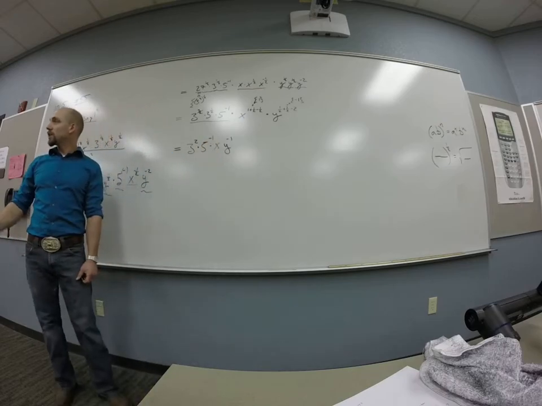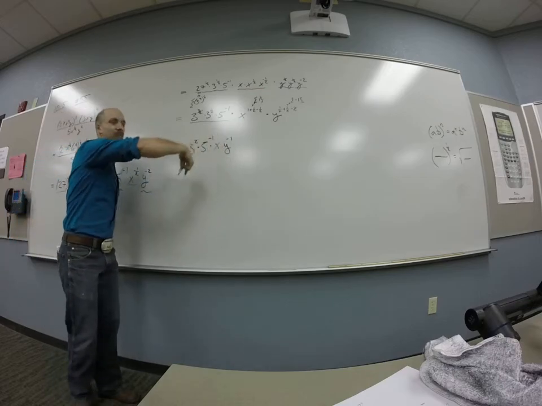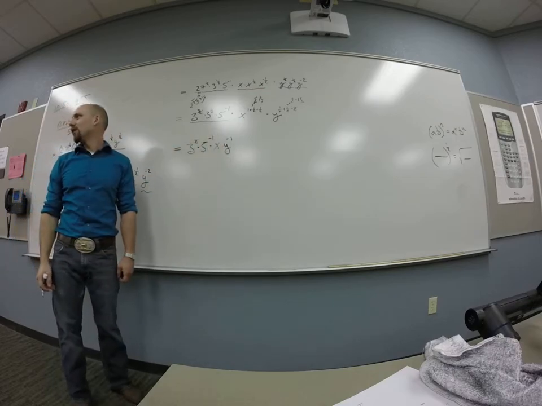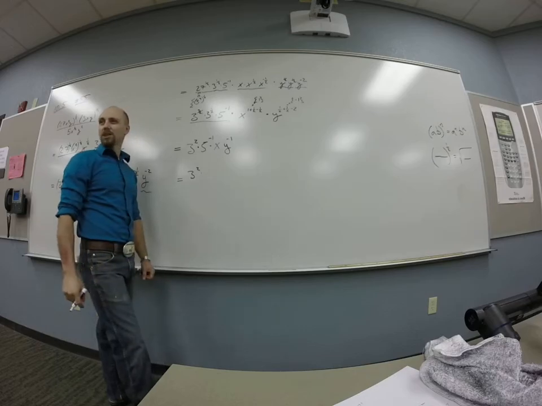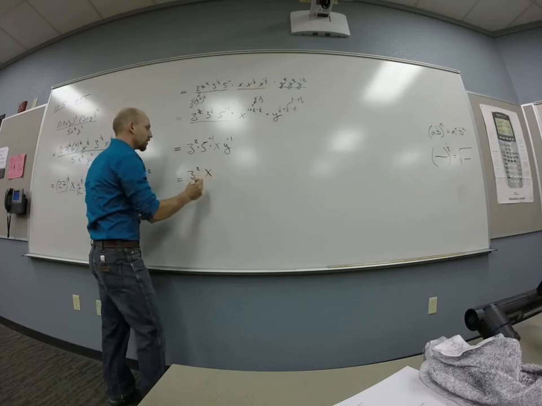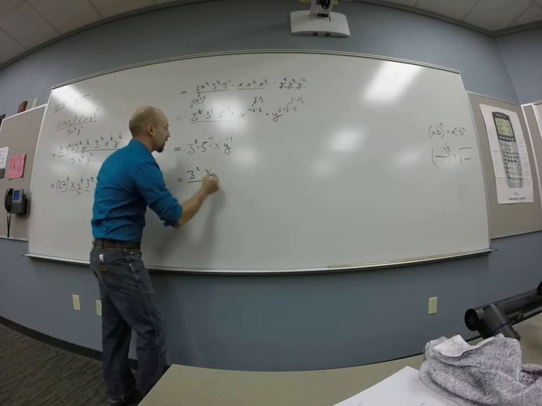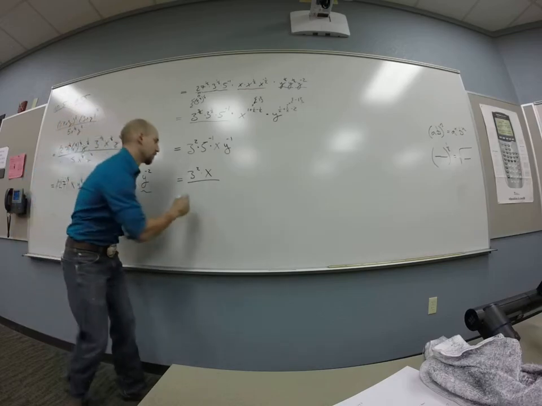To fully simplify, these negative exponents mean that stuff belongs in the bottom. So this is 3 squared times x, since x has a positive exponent and belongs on top, and the 5 and the y belong on the bottom.